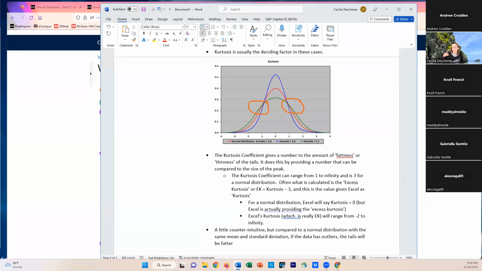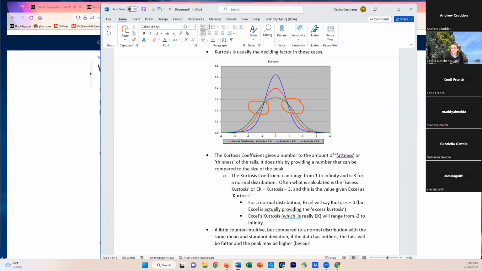That means there's actually data out in the ends of the distribution. So they're not on the x-axis exactly, they're up higher because there are actually values there. The tails will be fatter and the peak may be higher, sorry, I used the wrong word.